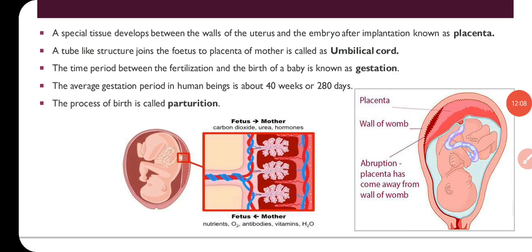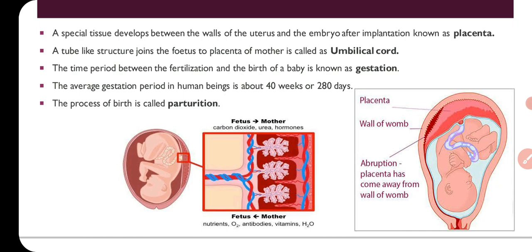As the embryo implants on the endometrial lining, a special tissue develops between the wall of the uterus and the embryo, and this special tissue is known as the placenta. This placenta is for the exchange of materials between the embryo and the mother. A tube-like structure develops from the placenta and joins the fetus to the placenta of the mother.